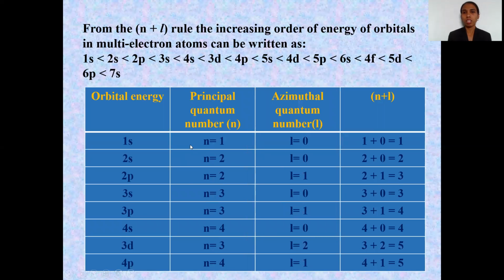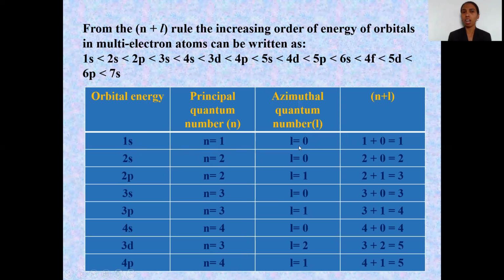Now here again some explanation using the n plus l rule is given in this table. Now see here how we can write down this order. So see here, 1s orbital. Suppose you have considered 1s orbital, means n value is 1 and l value is 0, as the subshell is s.